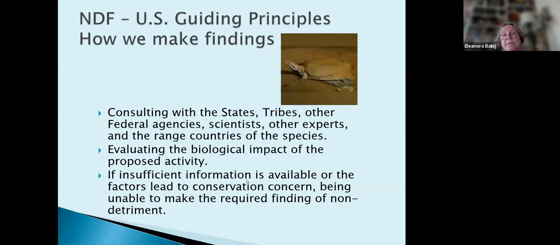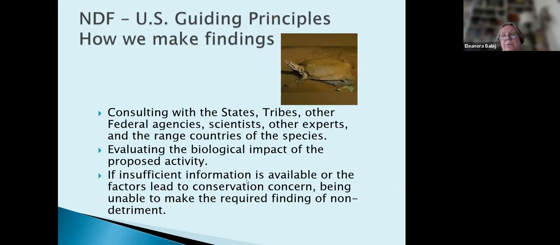So when we make our findings, we use a lot of information. I want to stress what Heather and I believe Rose both said: the more complete the application is, the better it is and the easier it is to make the non-detriment finding.